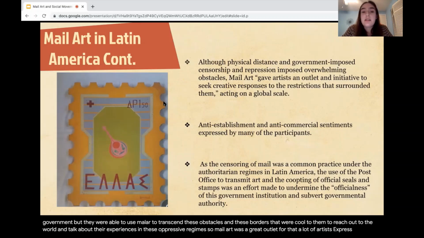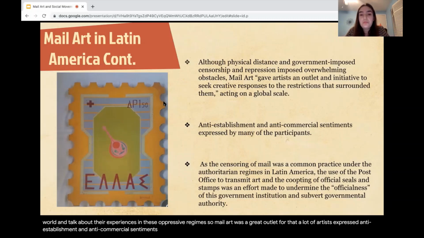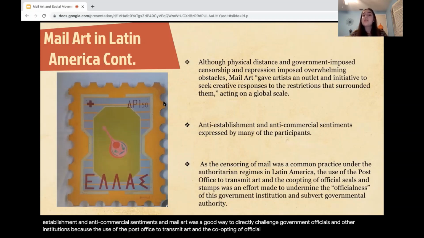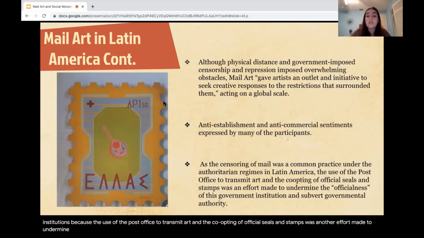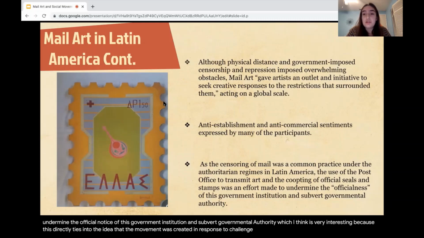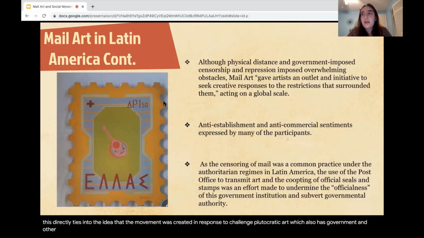A lot of artists expressed anti-establishment and anti-commercial sentiments, and mail art was a good way to directly challenge government officials and other institutions, because the use of the post office to transmit art and the co-opting of official seals and stamps was another effort made to undermine the officialness of this government institution and subvert governmental authority, which I think is very interesting because this directly ties into the idea that the movement was created in response to challenge plutocratic art, which also has government and other social standards that drive notions of art.